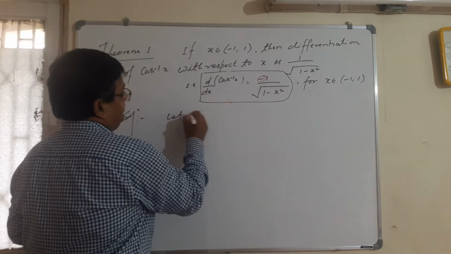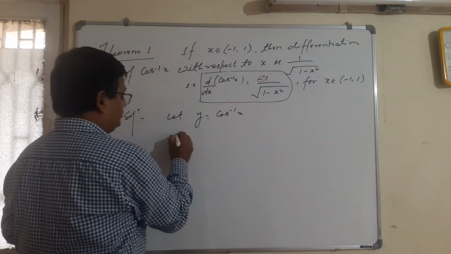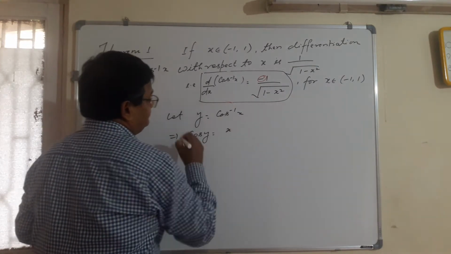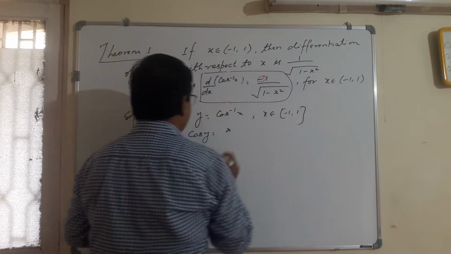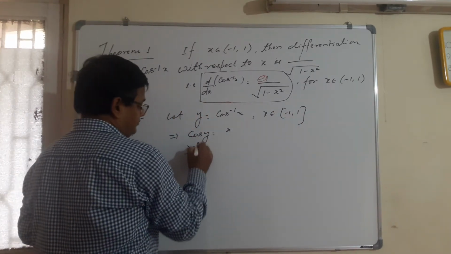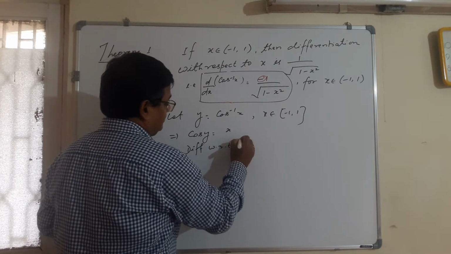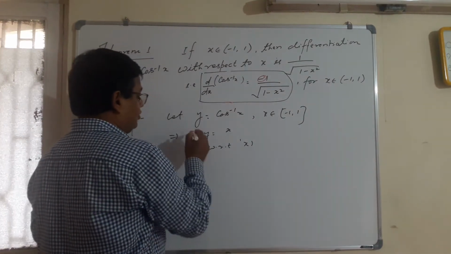Let y is equal to cos inverse x. So cos y is equal to x, and x belongs to minus 1 to 1. So differentiating with respect to x. First of all, differentiation of the cos part.